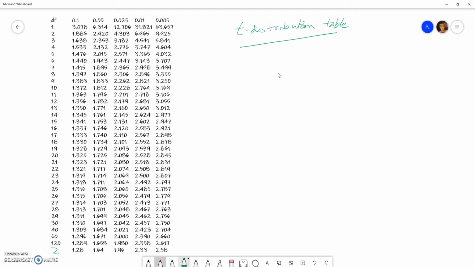The top values here refer to a certain alpha value. So in the example with McDonald's, the fourth step is to find the critical value.